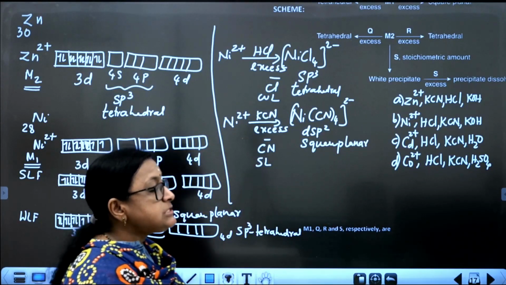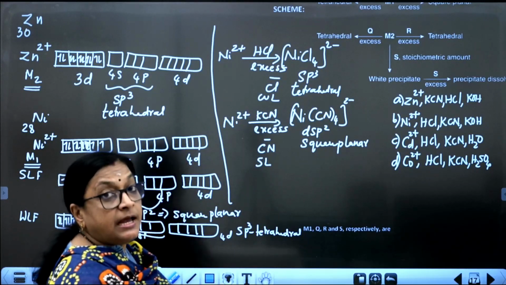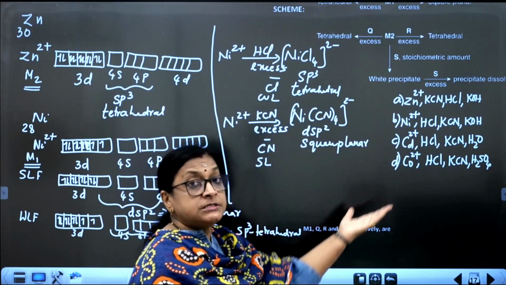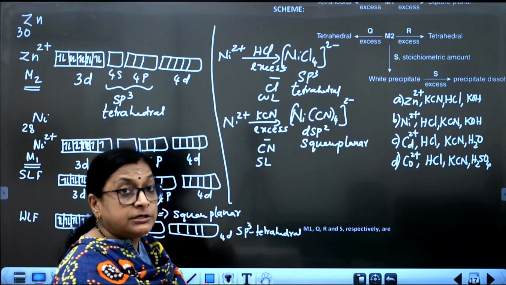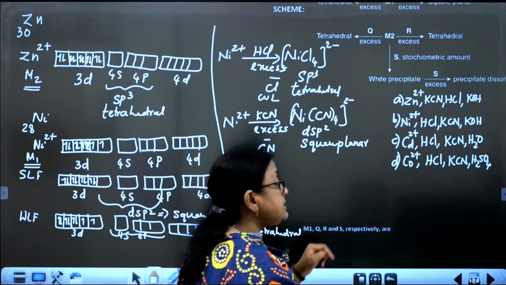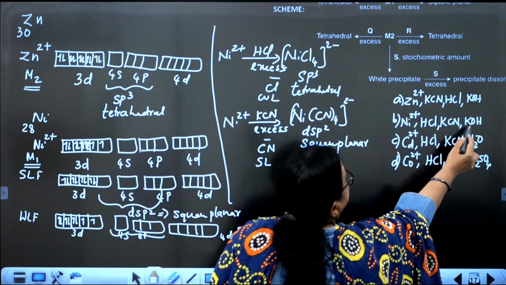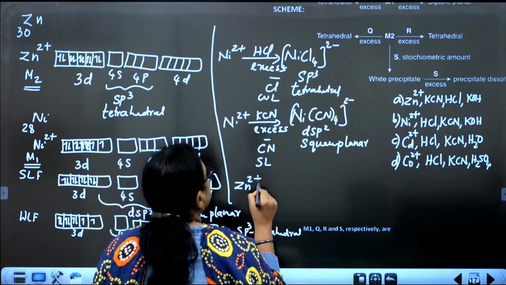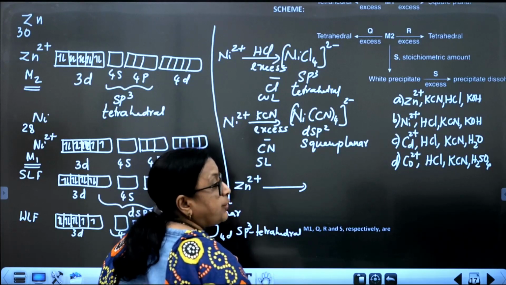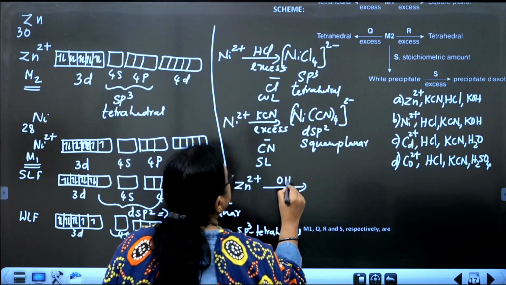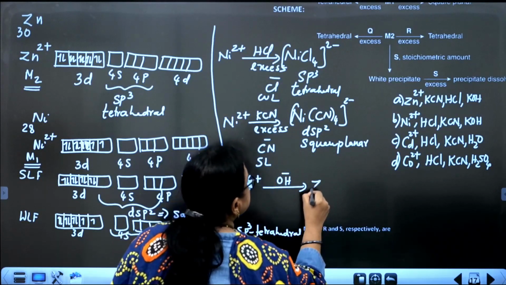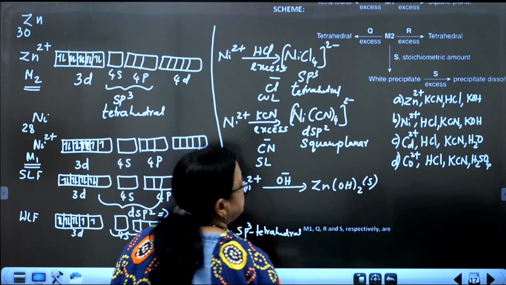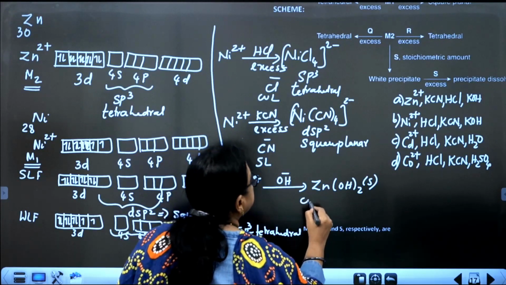And coming to the last point, it says M2 on treatment with a reagent first gave a precipitate which got dissolved, and that reagent is S. Let us see what happens if M2 is Zn2 plus, when treated with KOH in alkaline medium. First zinc hydroxide, which is sparingly soluble, will get precipitated.